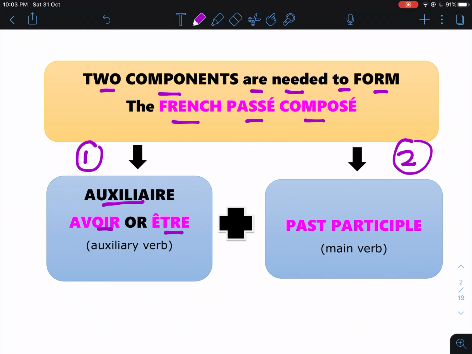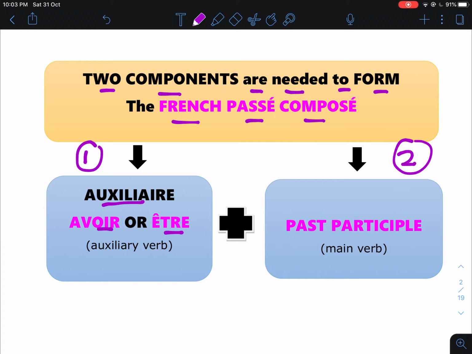Okay. For auxiliary, you have a choice between être or avoir. Most of the verbs for Passé composé are constructed with auxiliary avoir, and some of the verbs are constructed with auxiliary verb être. Okay. And those will be the exceptions for Passé composé.